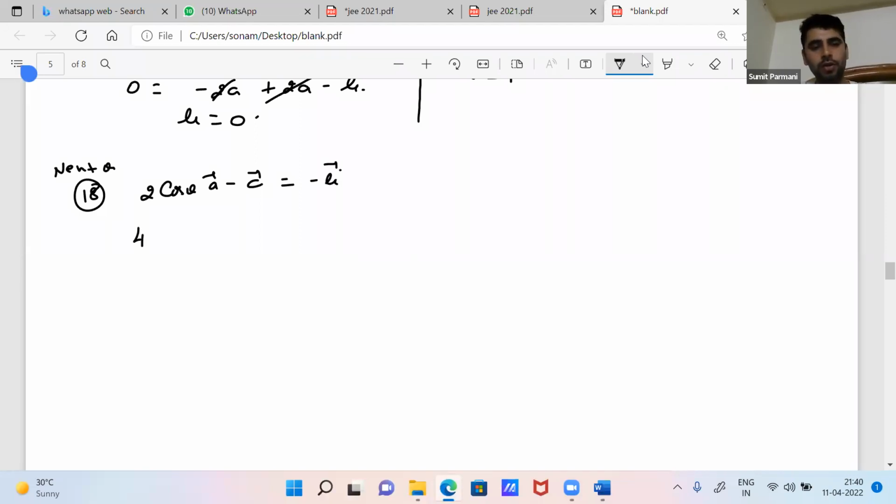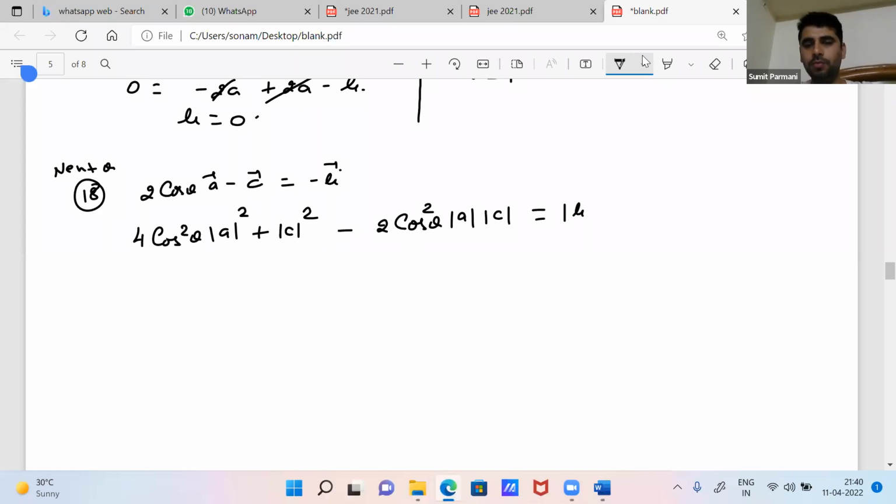So you will get 4 cos square theta mod a square plus mod c square minus 2 cos theta a dot c, which is 2 cos square theta mod a mod c, equals mod b square. So we have 4 cos square theta plus 4 minus 4 cos square theta equals 1.